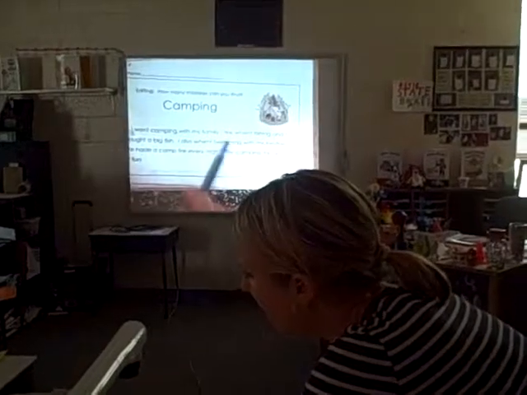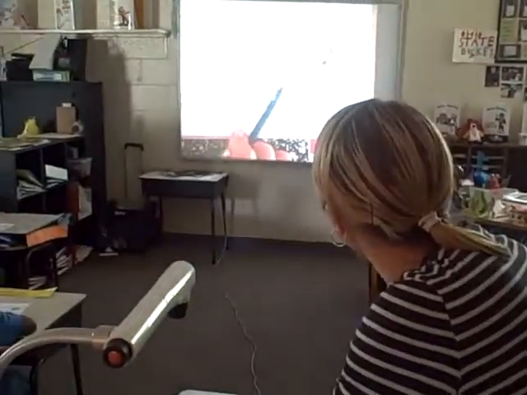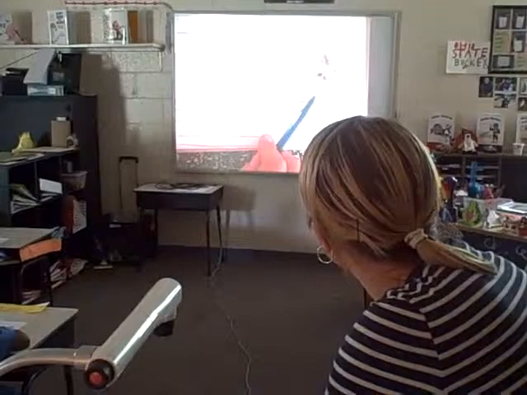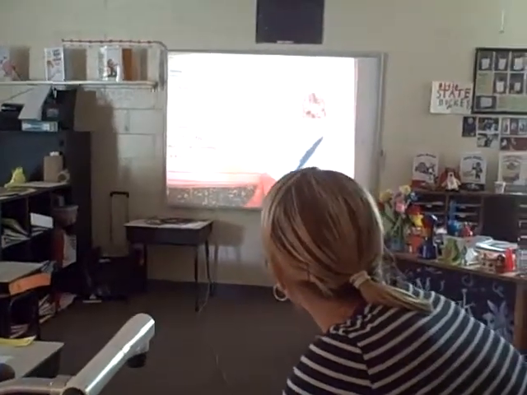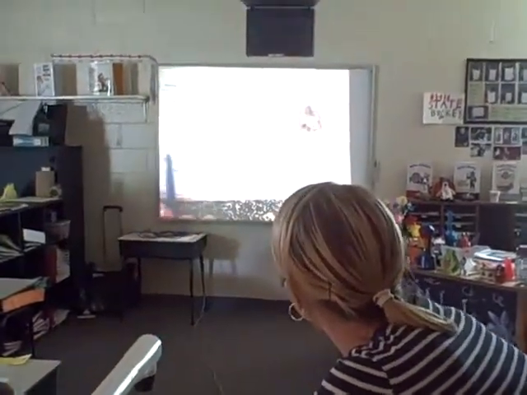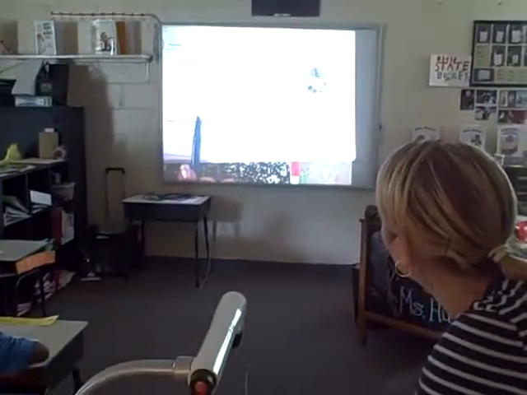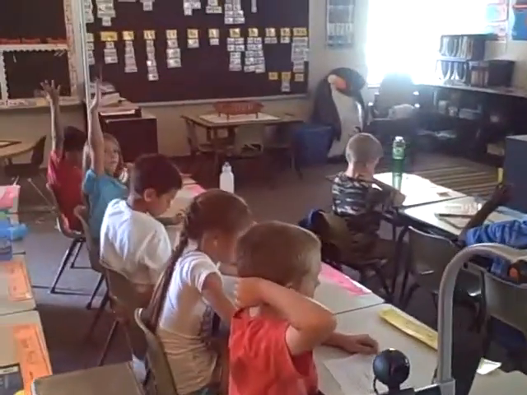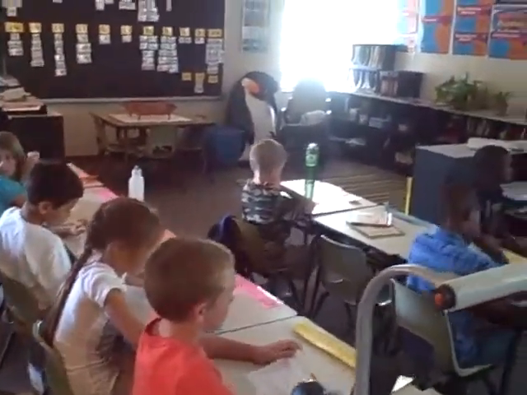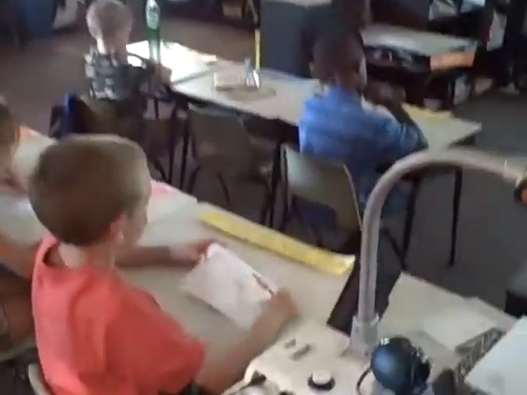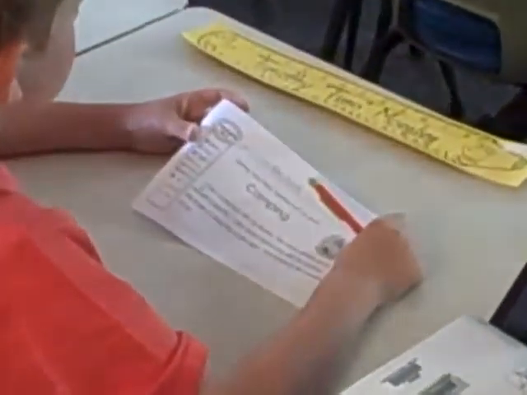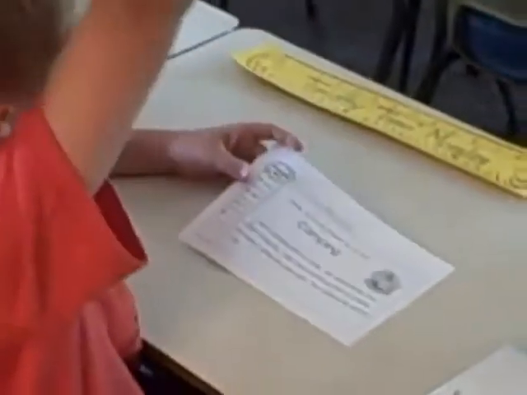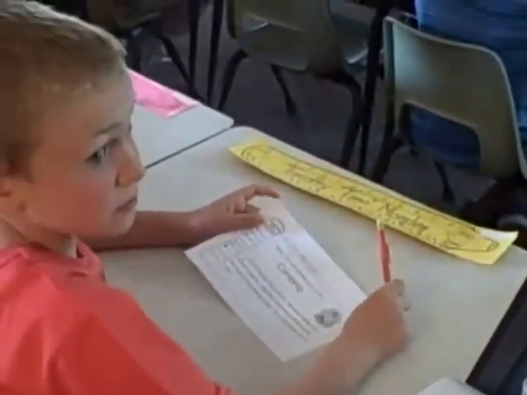Blake, can you read the next sentence for me? We went fishing and I caught a big fish. Now, what does somebody see in here? There's a capital in the middle of the sentence. The H is not where it's supposed to be.